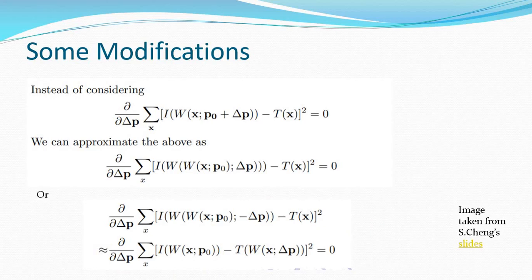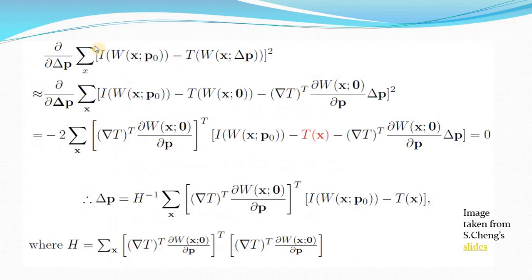Now instead of minimizing the cost that we were doing earlier, we will minimize this cost and let's see what happens. So this is our cost. We will differentiate with respect to del p and equate it to 0. Here we have first introduced the Taylor series. So here we have applied the Taylor series approximation, and you can see that here we have got warping of x by 0 since there was just del p.